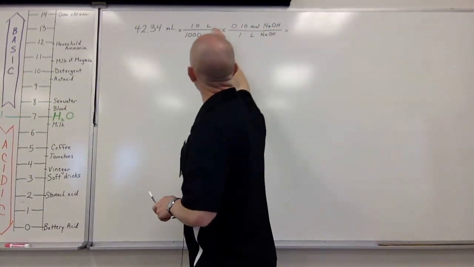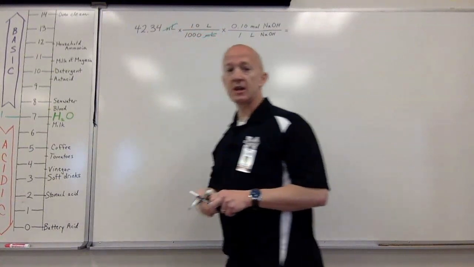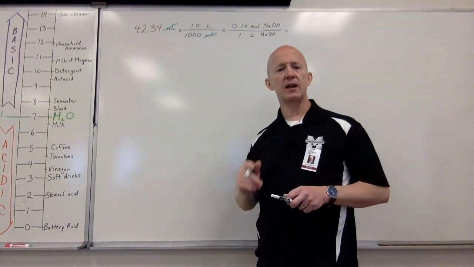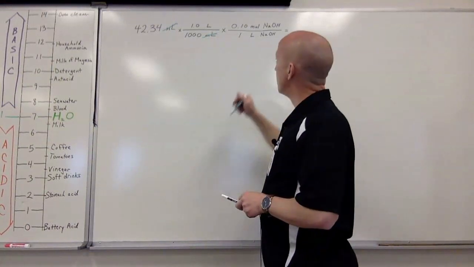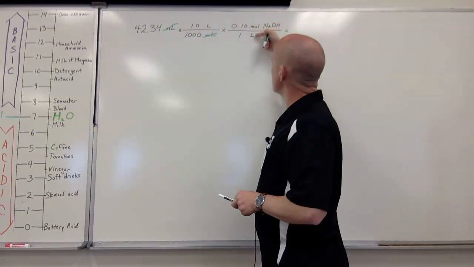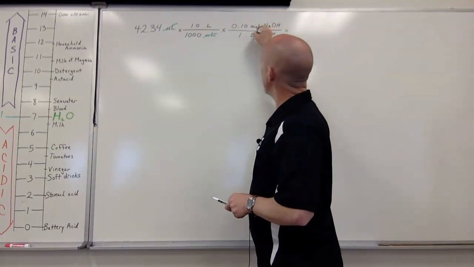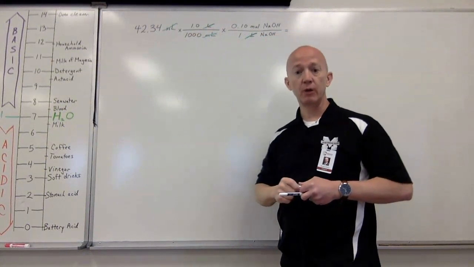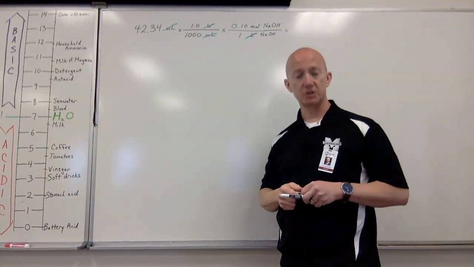In doing so, we see that milliliters cancels, and that gives us liters of NaOH. Next, we convert to moles by multiplying by the molarity, 0.1 moles per liter. Notice that the liters unit cancels, and we're left with moles of NaOH, just like we want.